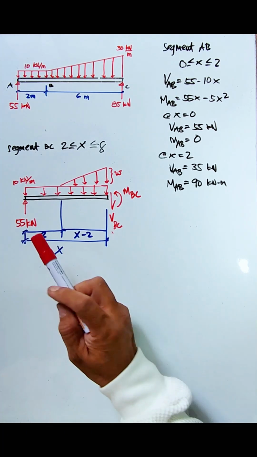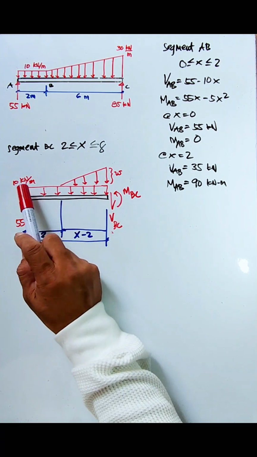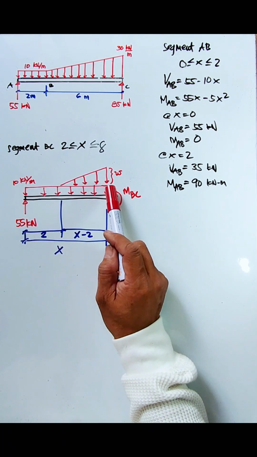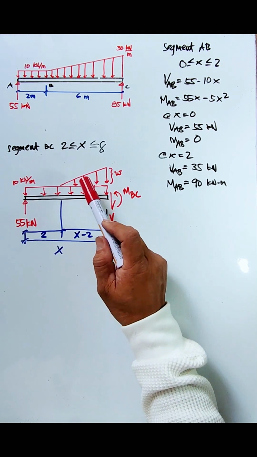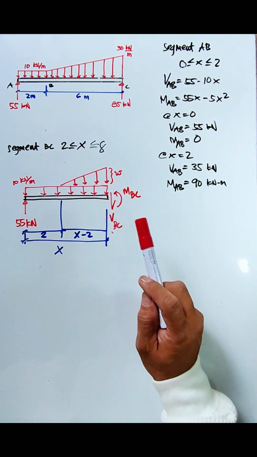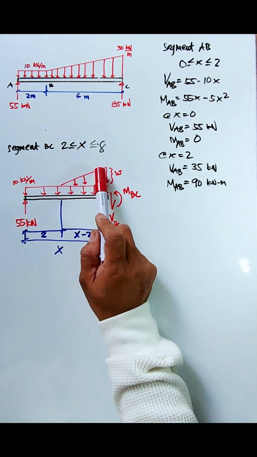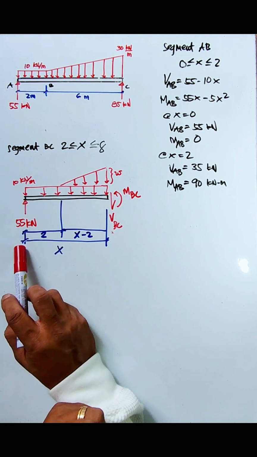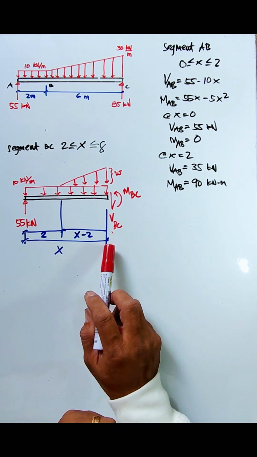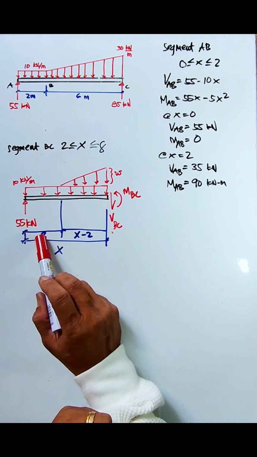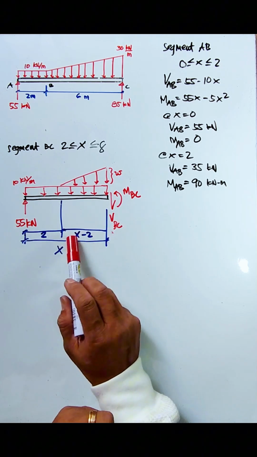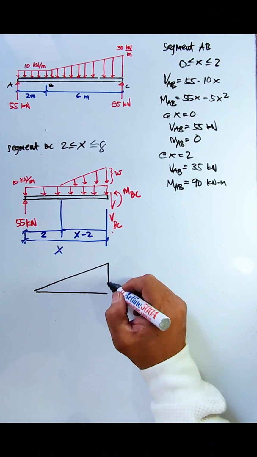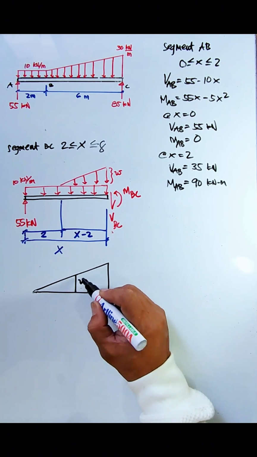So I've decided to just use a combination of a uniformly distributed load up to x distance, and then this part here will just be a varying load starting with 0 here up to W here. By the way, the distance x is always measured from the left side, so this will be our x, and we know that this is 2 meters, so that means what's left here is x minus 2. This will be our W.